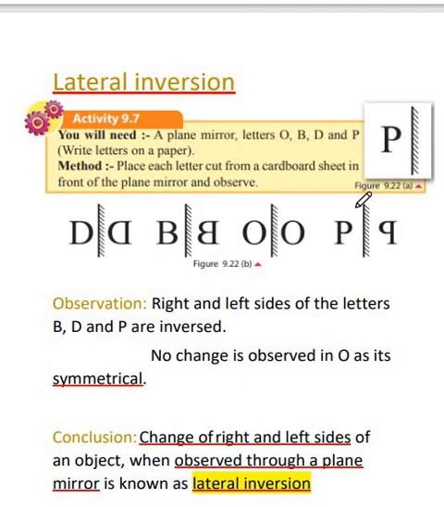They are inverted. But O, you can't see it at an instant. Just as you look at it, you cannot tell it's laterally inverted. Why is that? Normally, the change of the right and the left sides of an object when observed through a plane mirror is known as lateral inversion.